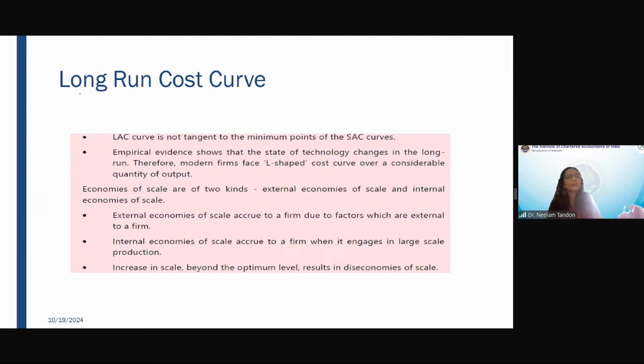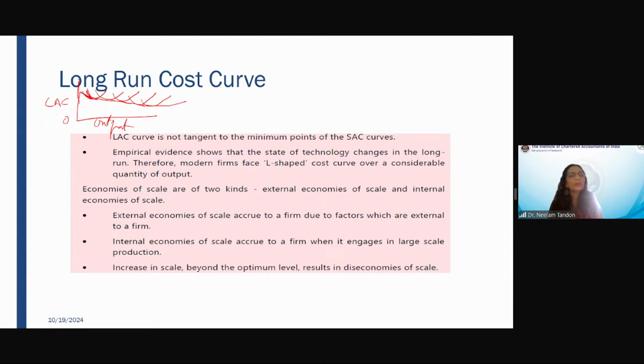If you look at this one, at this point here, this is the tangent point.